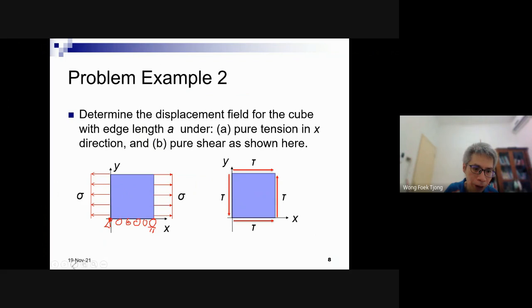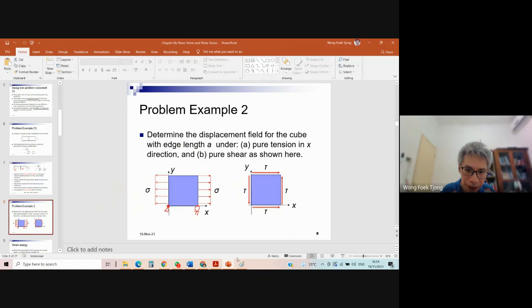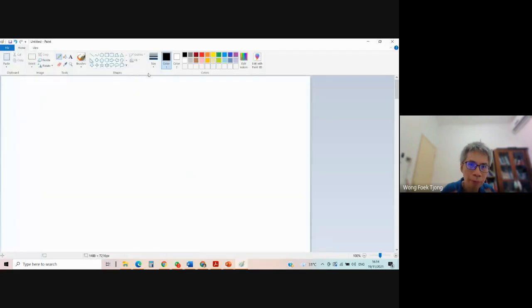The body is a square, which means the length is A and also the length is A. So given the stress, please determine the displacement field. I will do it in Paintbrush.